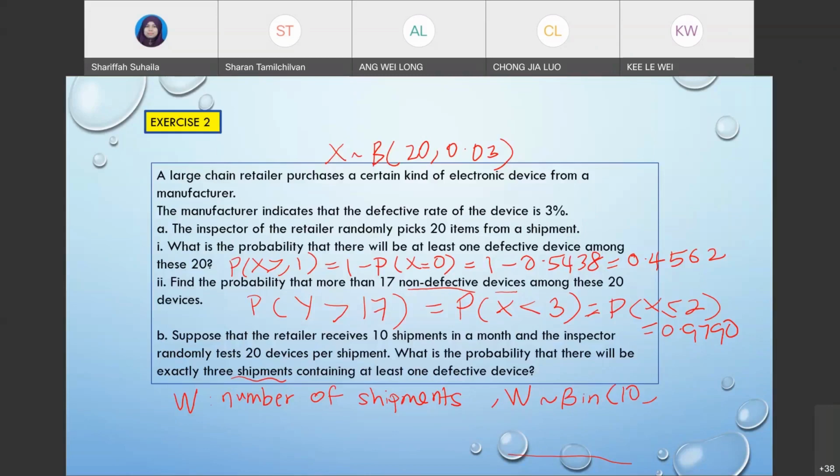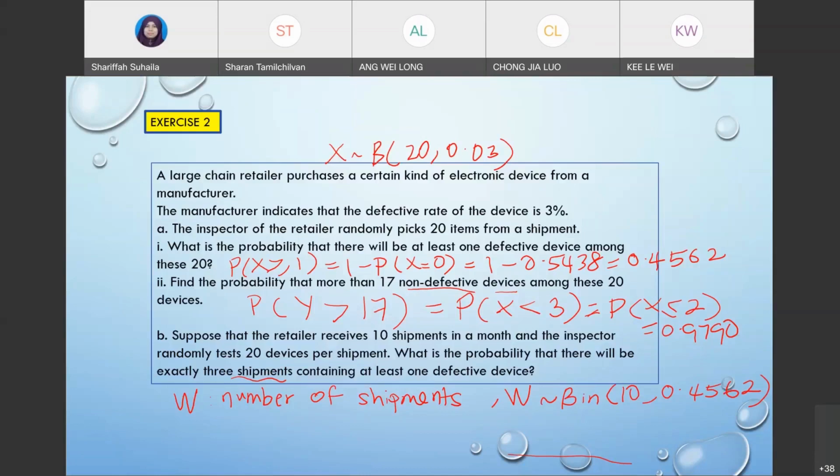The question asks what is the probability that there will be exactly 3 shipments containing at least one defective device. So the probability of at least one defective device is 0.4562. We use the probability given.